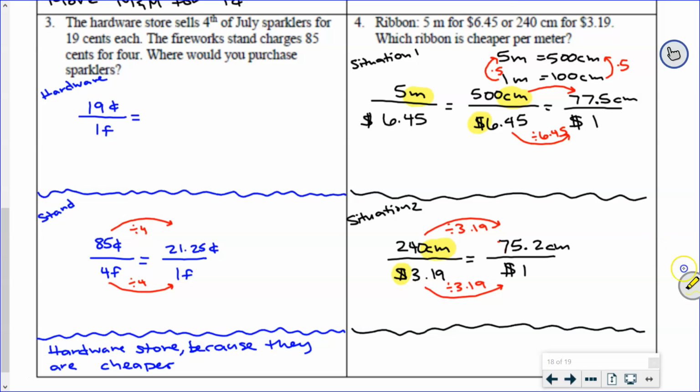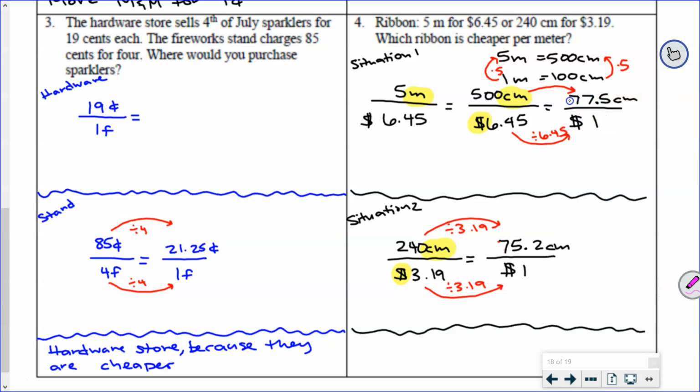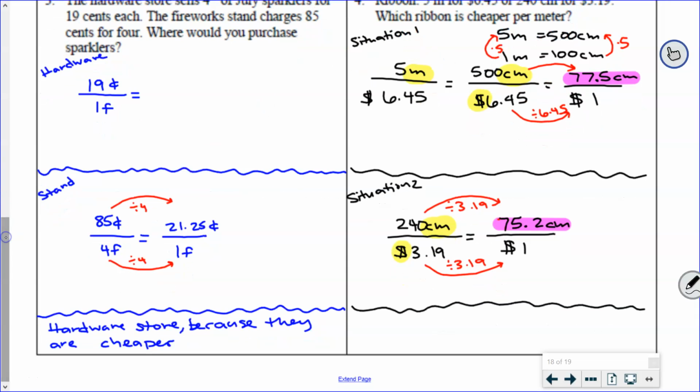So let's compare. Which one would you rather? If you have just $1, you can get 77.5 centimeters for that $1, or you can get 75.2 centimeters for that $1. I personally would like a little bit of extra ribbon for that same $1 price, so I would prefer the 5 meters of ribbon.